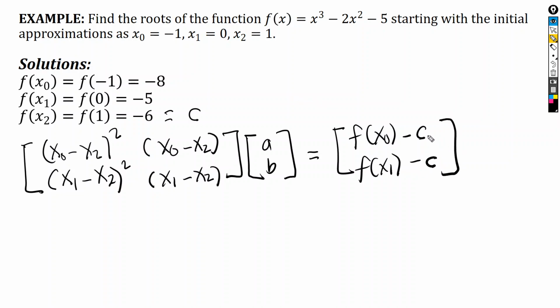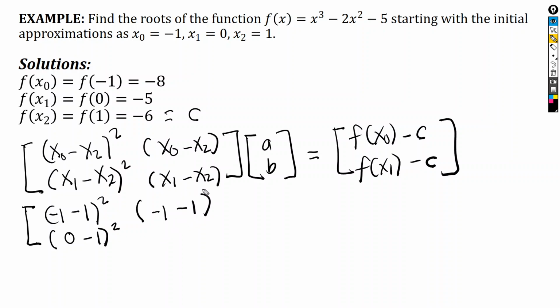Recall that our value of f of x0, f of negative 1, is minus 8. So we substitute here. Our value of x0 is negative 1 minus x2, which is 1, then we square this. The second row will be x1, that is 0 minus 1, and then squared. Next is x0, negative 1 minus 1.